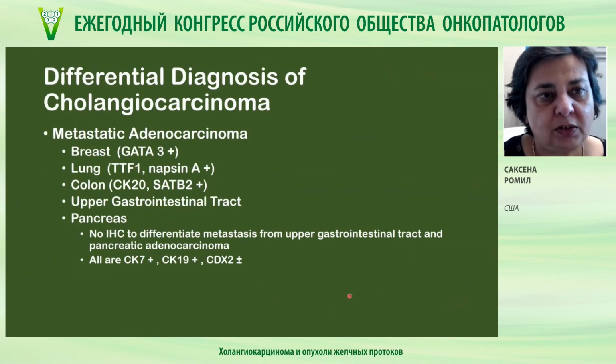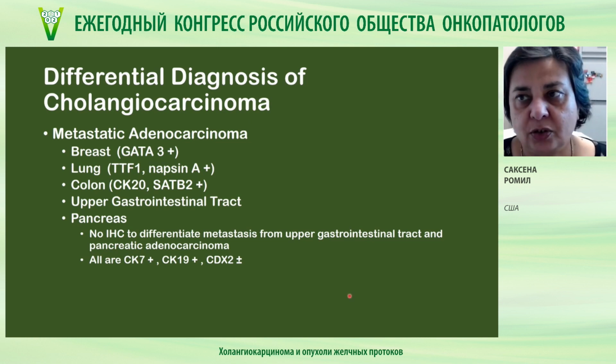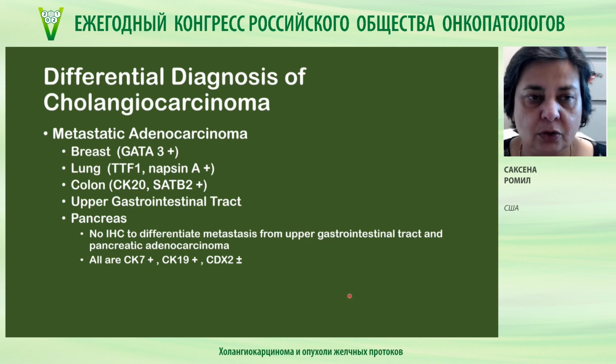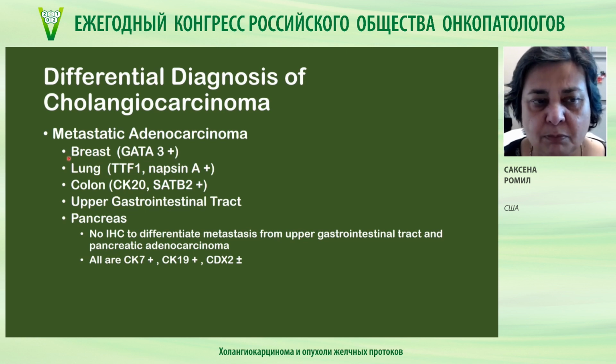And finally, what is the differential diagnosis of cholangiocarcinoma? Well, it's really metastatic adenocarcinoma. That's the main differential. Now, if the carcinoma comes from the breast, we have a nice IHC to differentiate between the two, because GATA3 is usually positive in breast. That's what we like to use.